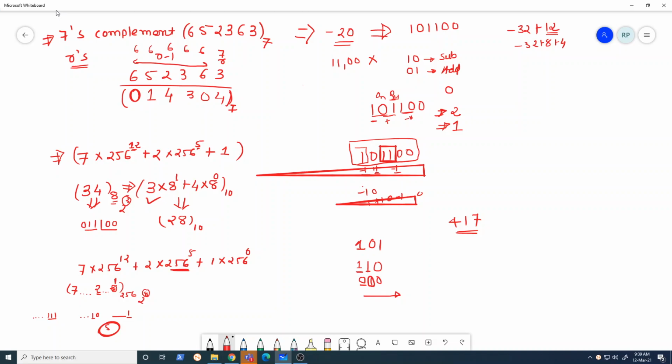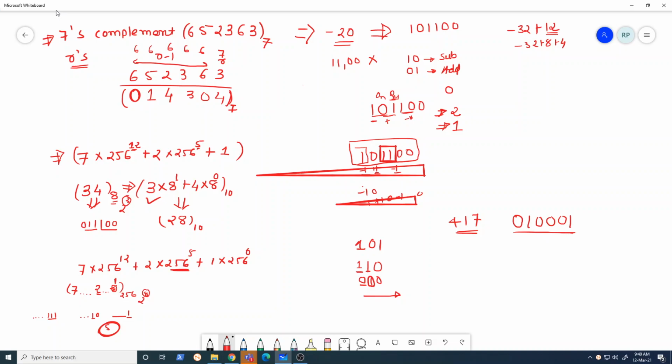So 17 you will represent like this: 16, 8, 4, 2, 1. This is 17 and 1 bit for sign. This is the sign magnitude representation. As this is a positive number, the 1's complement representation is this and the 2's complement representation is this.